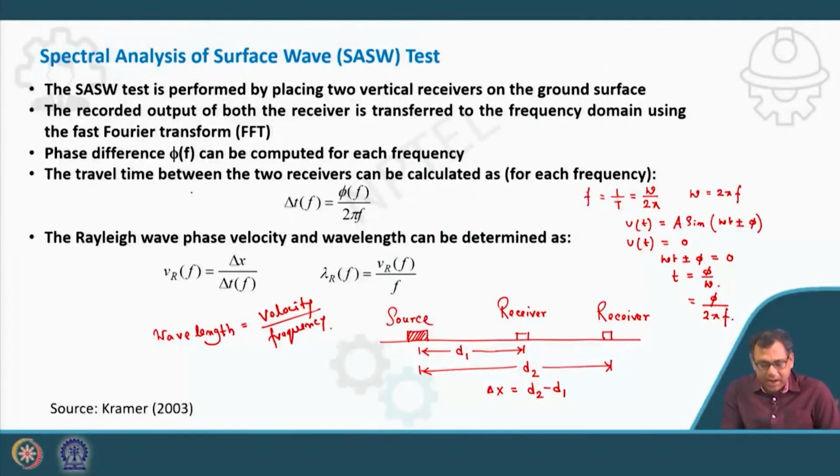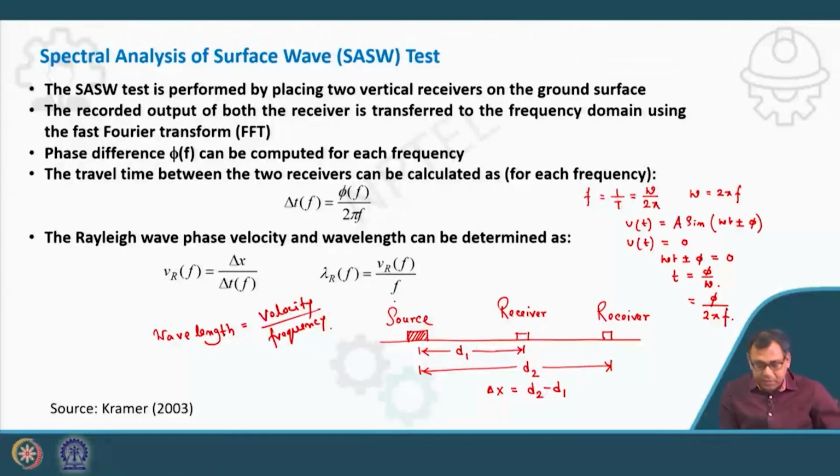So velocity is equal to del x by del t, and for each frequency I will get the velocity of the Rayleigh wave. The wavelength for each frequency will be velocity divided by frequency.